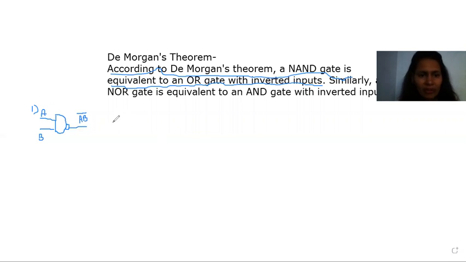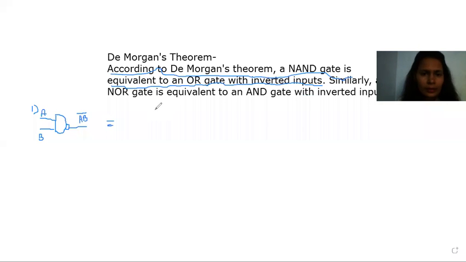So now we will draw an OR gate with inverted inputs. So we will use bubbles at input side.